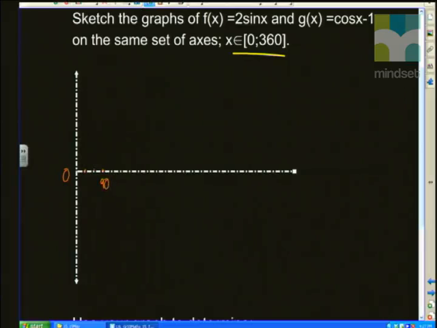Then that's going to be 120, 150, and then this will be 180. We're going up in sets of 30. 180 plus 30, that's going to give me 210, 240, 270 at that little square there. 270, 300, 330, so that will be 360 there.